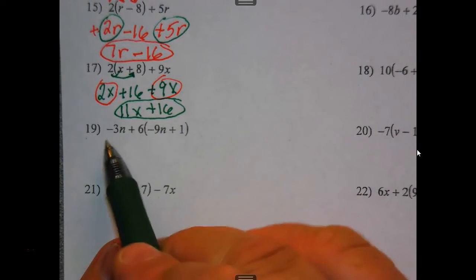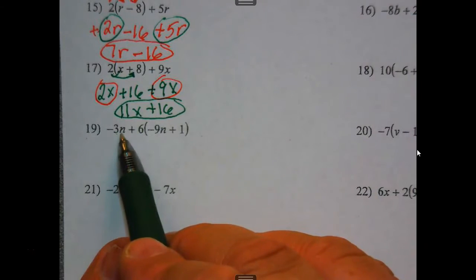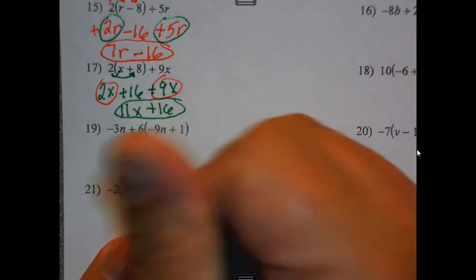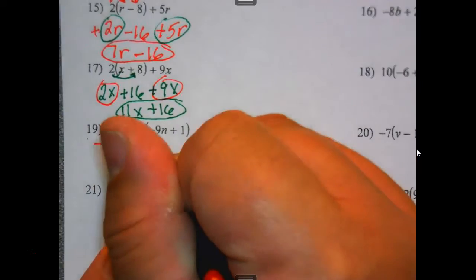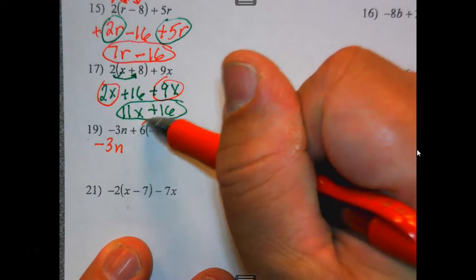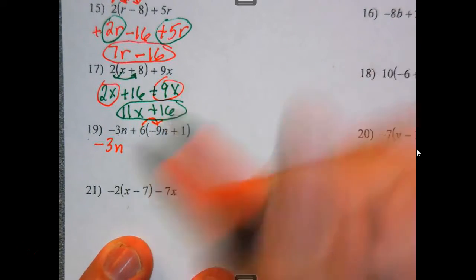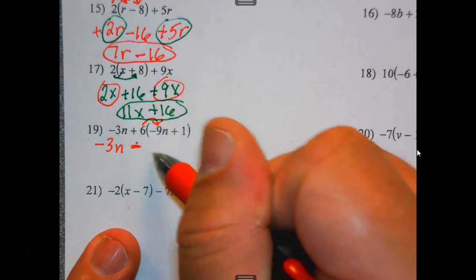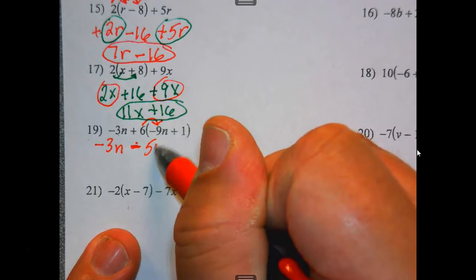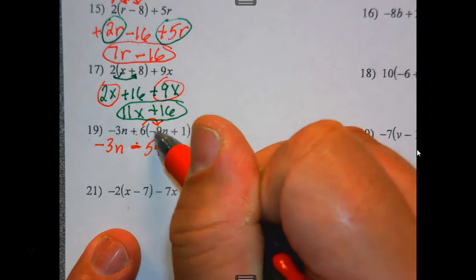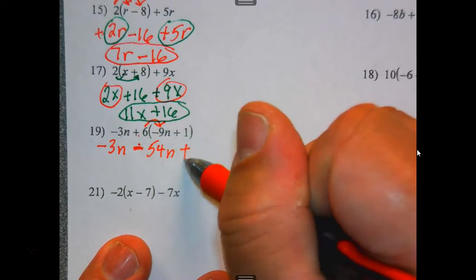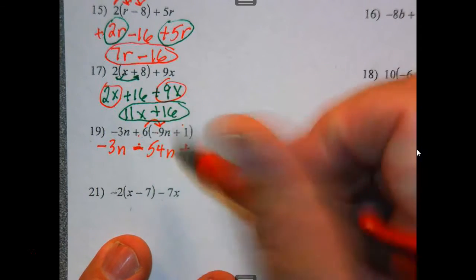Okay, nothing going on with this negative 3n. The positive 6 I have to distribute. So I'm just going to bring that negative 3n down. 6 times negative 9n is minus 54n, because I got a positive times a negative and a minus. Positive times a positive is going to be a positive. 6 times 1, 6.